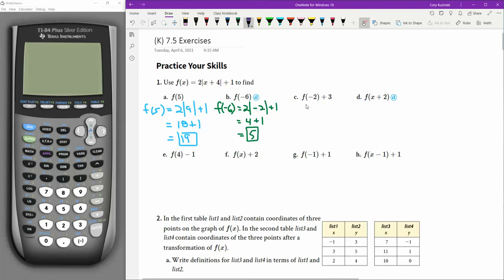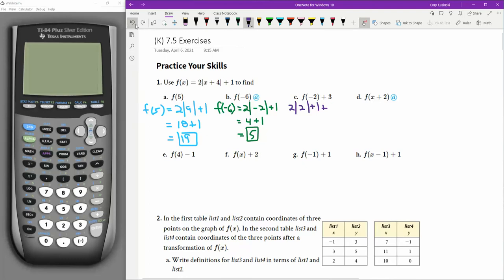All right, so now I have to figure out what f of negative 2 is, and then add 3 to it. So let's do 2 times the absolute value of negative 2 plus 4, which is 2, plus the 1, plus the 3.